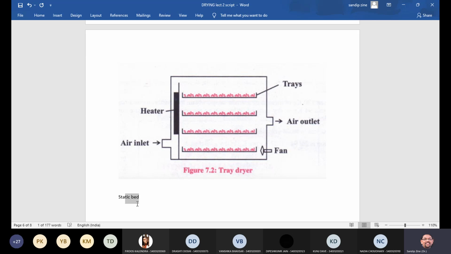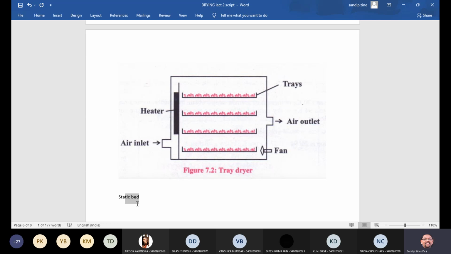So this dryer comes under the static bed kind of dryer. And what happens in this particular dryer or in this process? There is no relative movement among the solid particles being dried, and it is operated as a batch process.